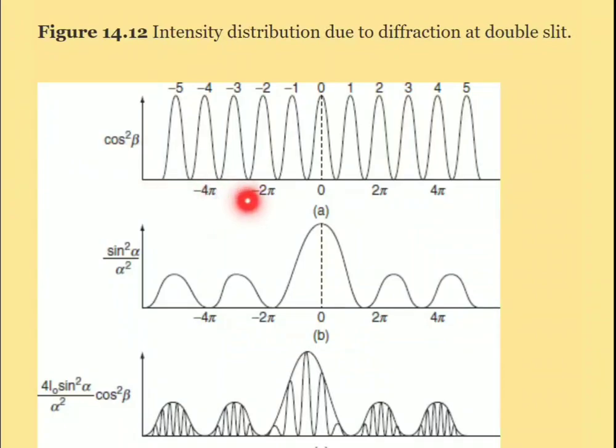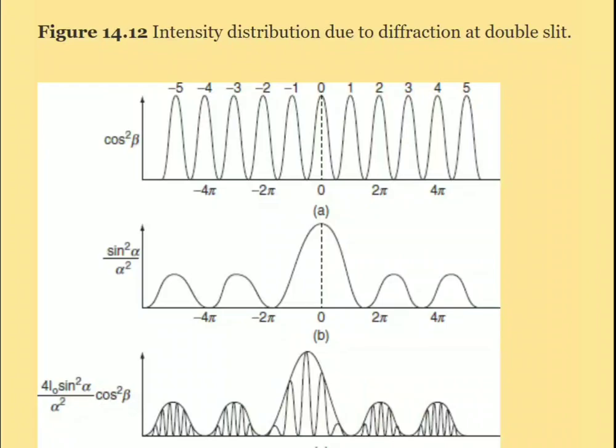So the first diagram indicates the intensity distribution due to interference at double slit, and the second diagram represents the intensity distribution due to each slit by diffraction, and the third figure represents the intensity distribution due to diffraction and interference occurring by the double slit.